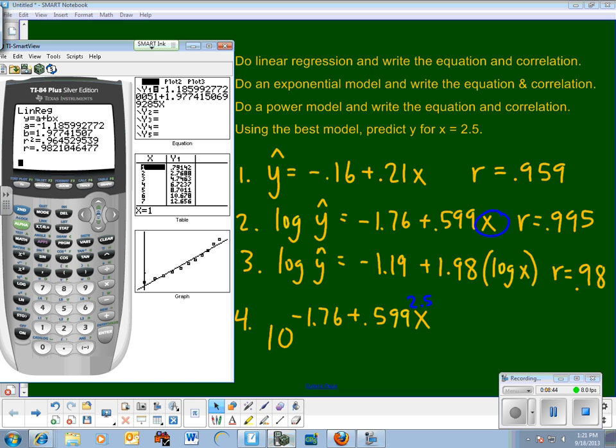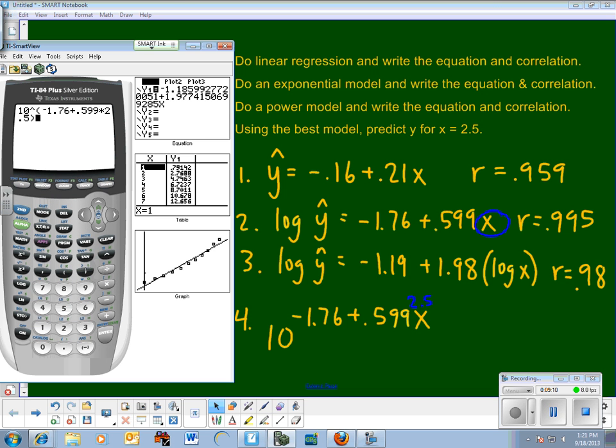All right. 10 to the power, parentheses, negative 1.76 plus 0.599 times x, and that was our 0.599 times 2.5.